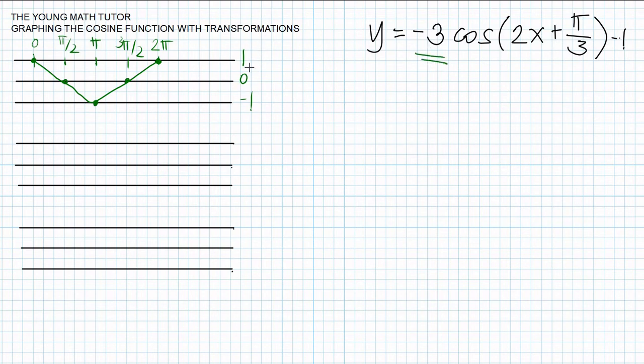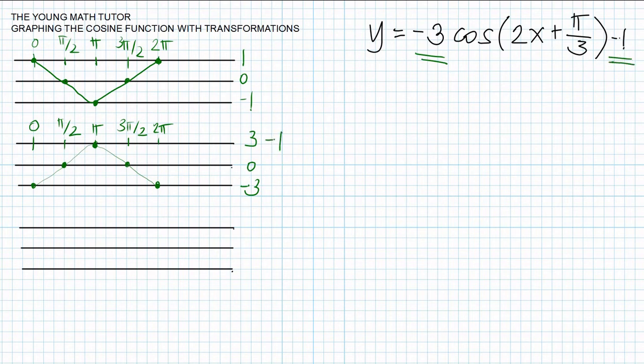So that means we have to multiply these values by the amplitude, which is negative 3. So for 0, it will become 1 times negative 3, which is negative 3. For pi over 2, that is 0 times negative 3, which is still 0. And then for pi, it's negative 1 times negative 3, which is positive 3, and then 3 pi over 2 is 0, and 2 pi is negative 3. So we can see that if the amplitude is negative, the cosine graph flips.